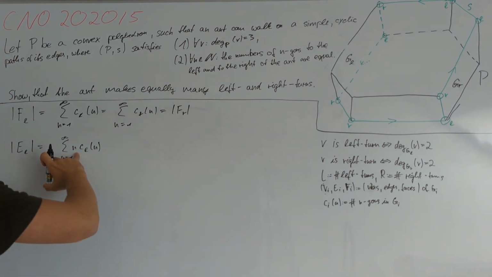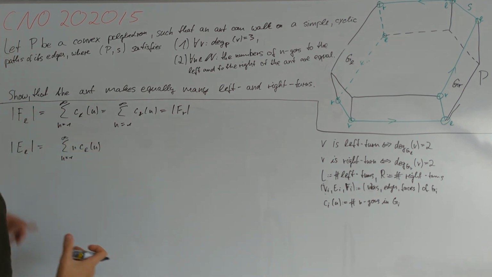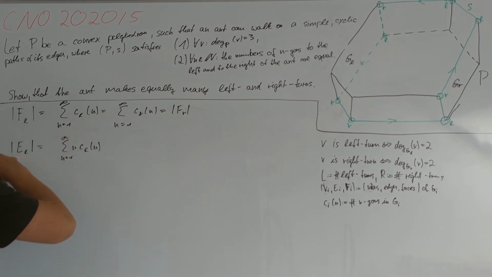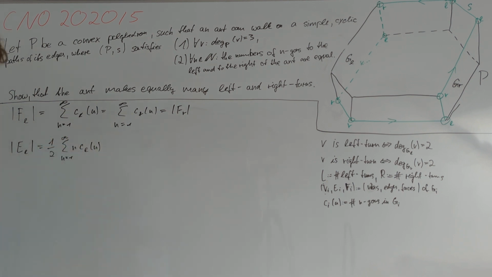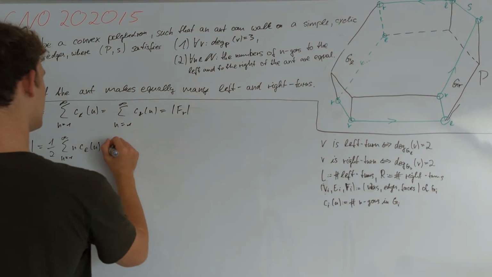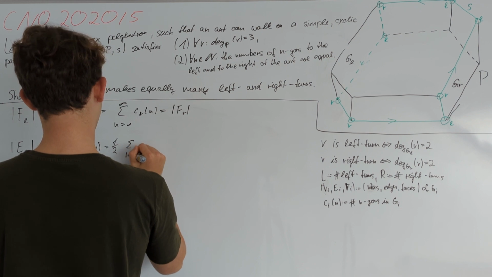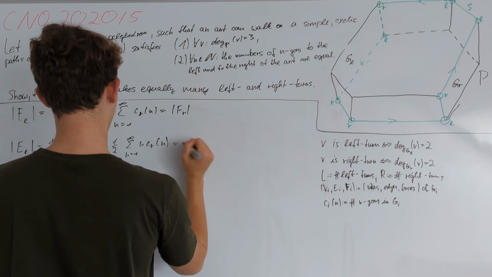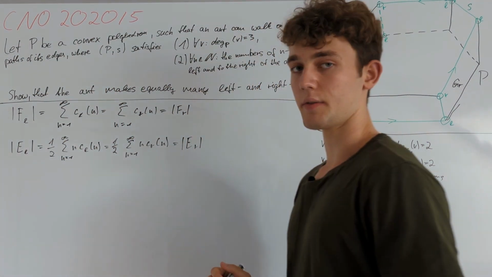Since every face with n sides has exactly n adjacent edges, and every edge is adjacent to exactly 2 faces, we count this quantity twice by the sum. Therefore, we need to multiply with 1/2, and this equality then is true. And we can do the exact same thing as before. But this is nothing but the magnitude of ER. Very nice.